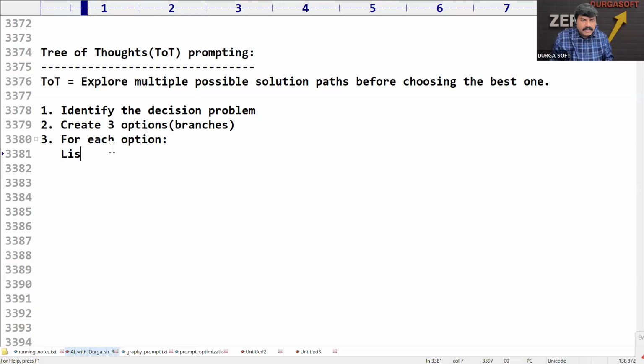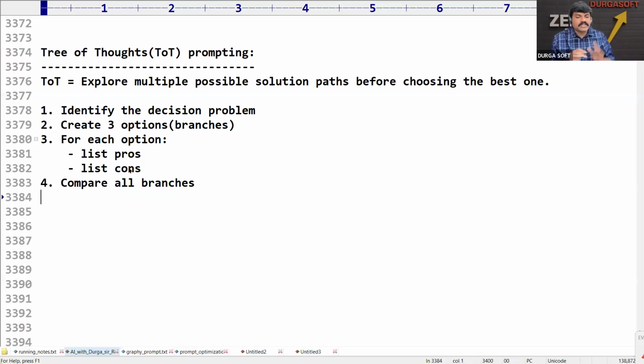List pros and cons. What problems are there, or what advantages are there, like that. Next, compare all branches. Choose the best branch.